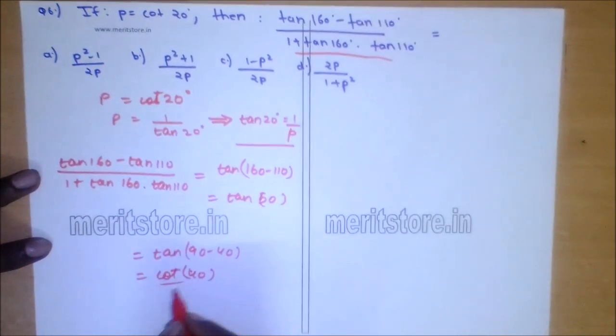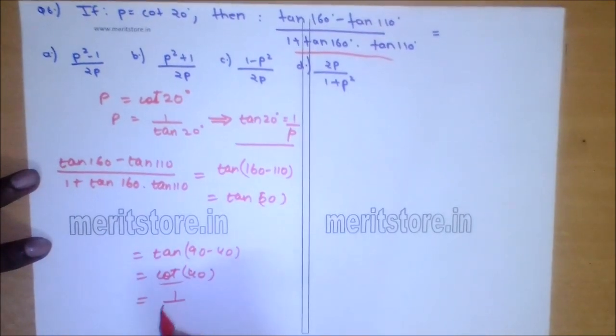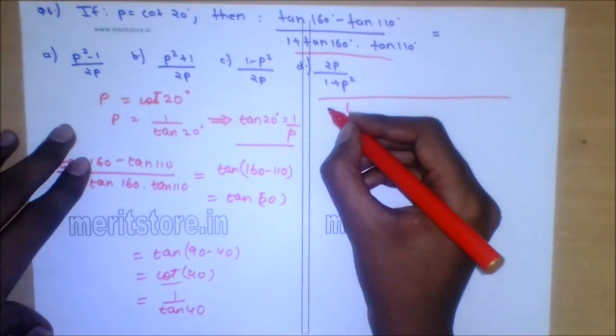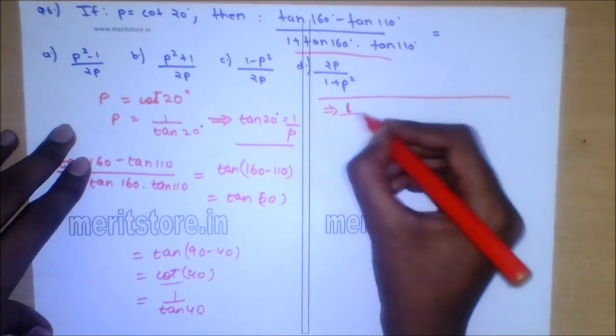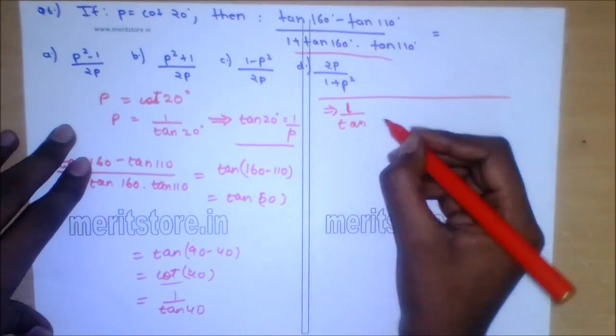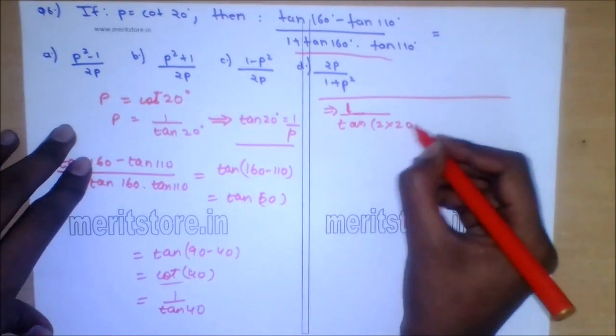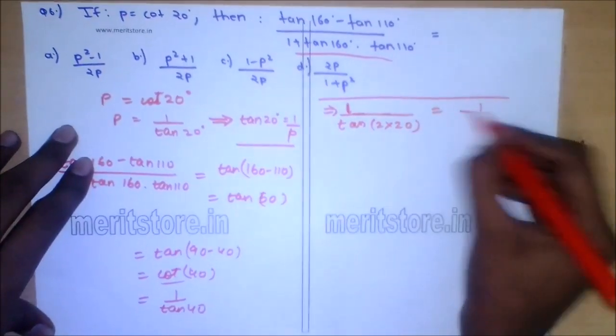Now cot 40 can be written as 1 upon tan 40. Now 40 is 2 into 20. So we can write this as tan of 2 into 20. Now we expand it.